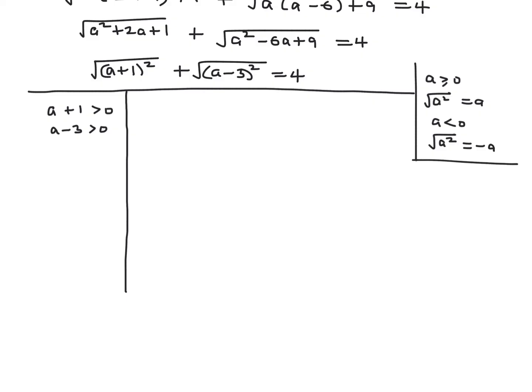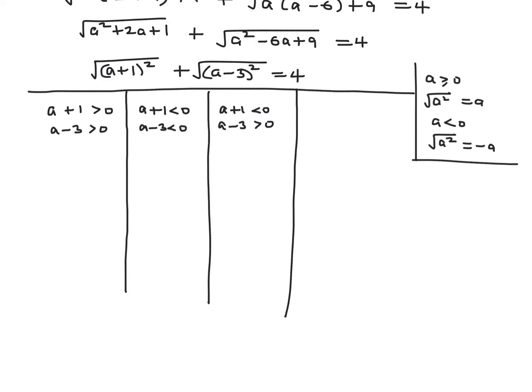Second scenario would be if they're both negative, so a plus 1 less than 0, a minus 3 less than 0. And then third and fourth scenario, we have a plus 1 less than 0, and a minus 3 greater than 0. And then the last one, a plus 1 greater than 0, and a minus 3 less than 0.